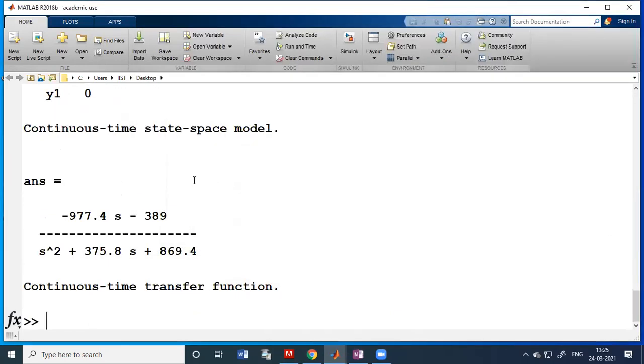So this is the HFT controller transfer function: minus 977.4 S minus 389, divided by S square plus 375.8 S plus 869.4. This is the HFT controller.